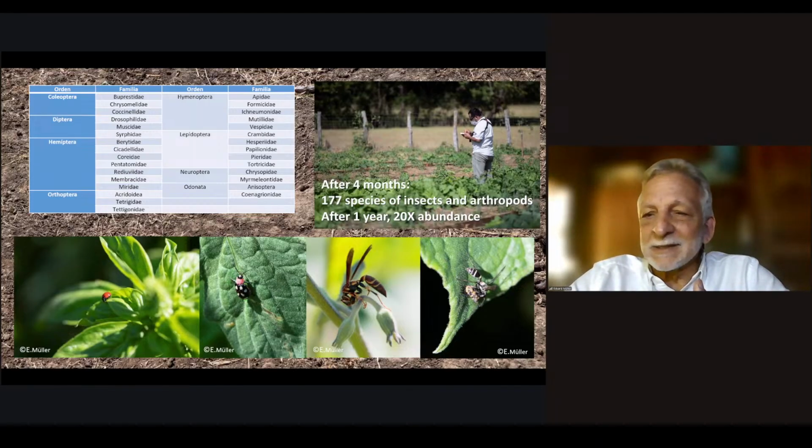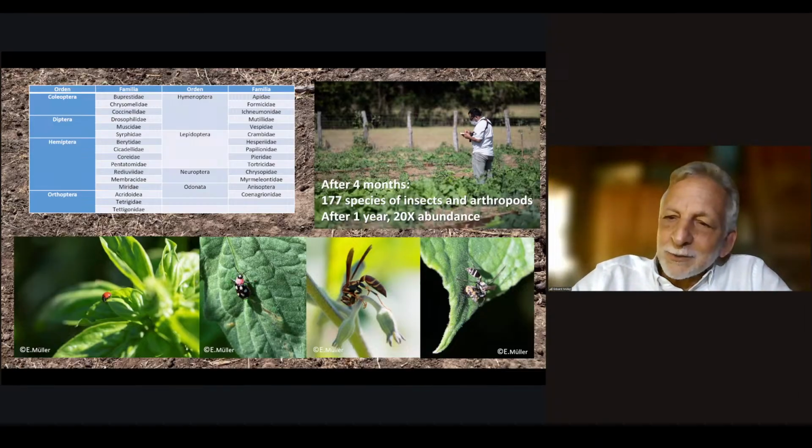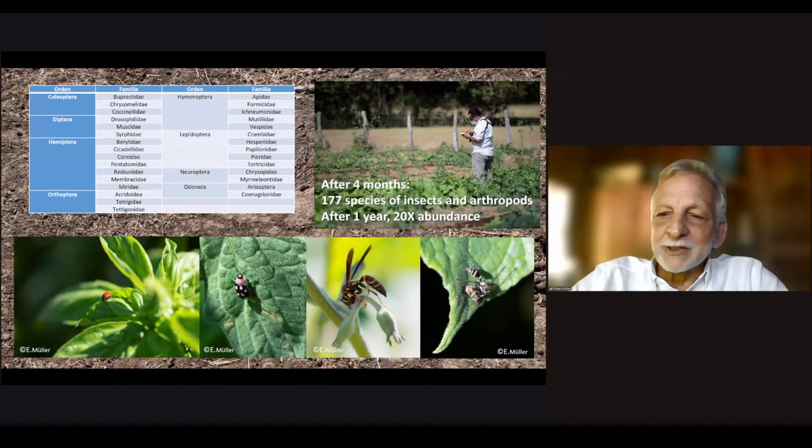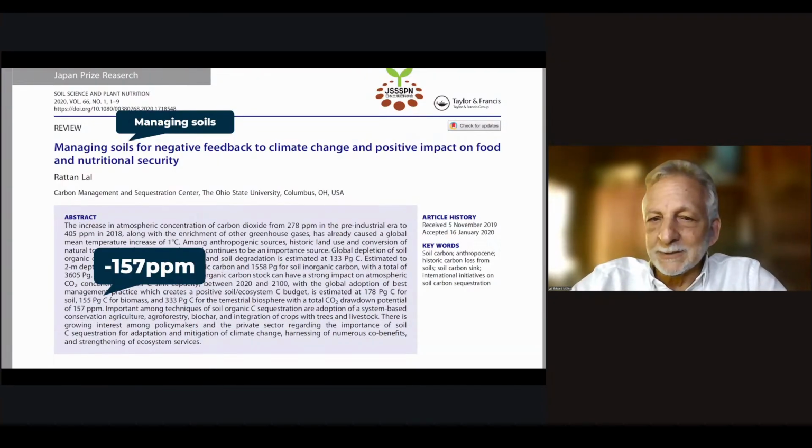A forest does not need pesticides to survive. So in agriculture, we don't need it either. We have the science. We know we can revert climate change just by managing soils alone. And this is a traditional Western scientist. So we have the science.